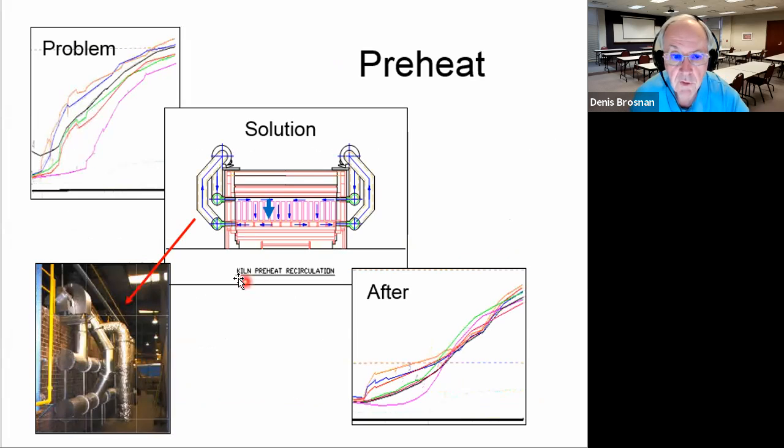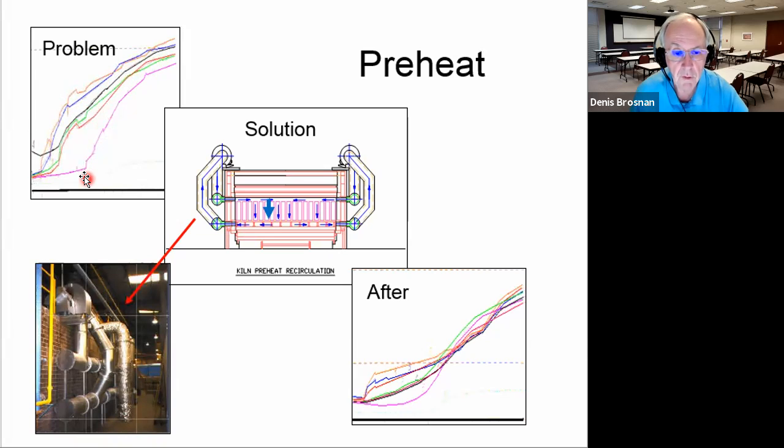In the preheat section of the kiln, remember that's where the bricks are cold, but the air is wanting to be hot toward the top of the crown. We can take air from the bottom of the setting and recirculate it to the top of the setting. You can see the arrows here showing that we're forcing air downward. Now these are diagrams of some sort of temperature probe, maybe traveling thermocouples that are in the setting from the bottom of the setting to the top of the setting, and they're color coded.